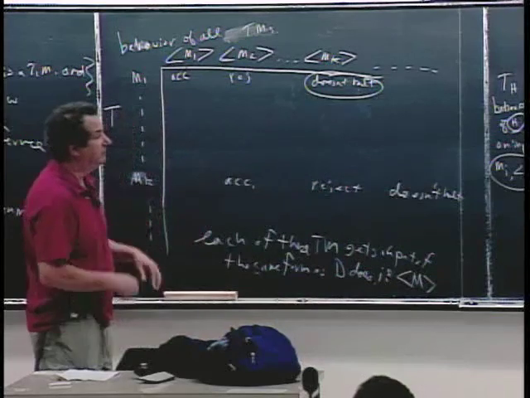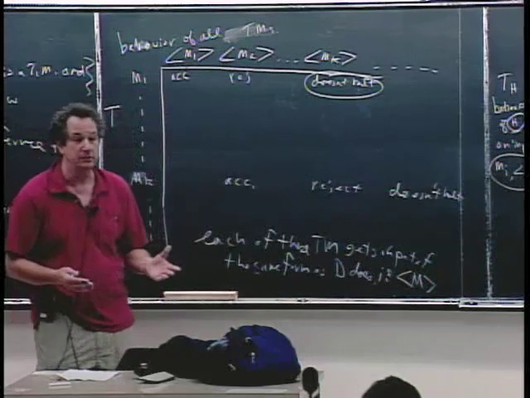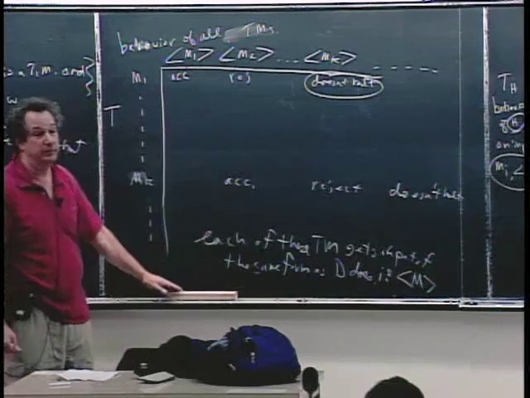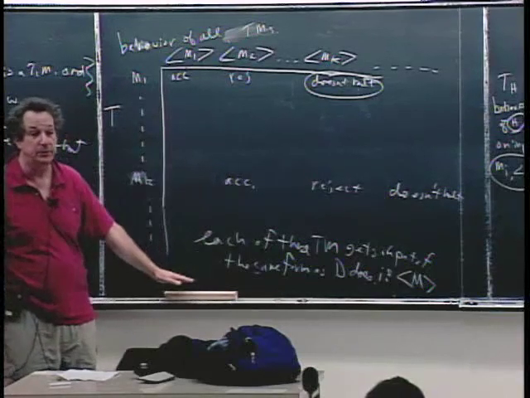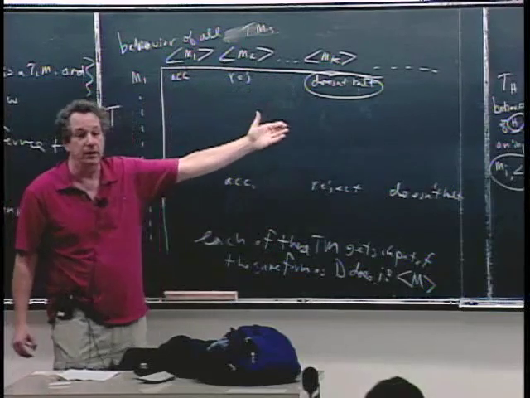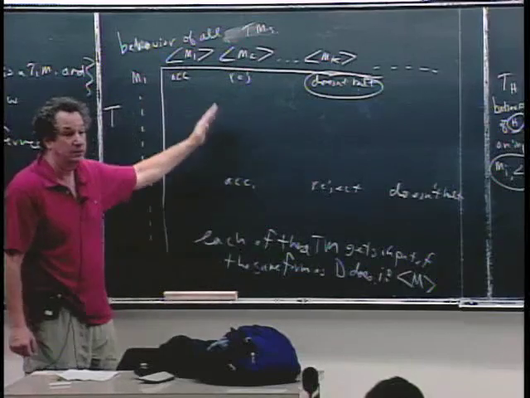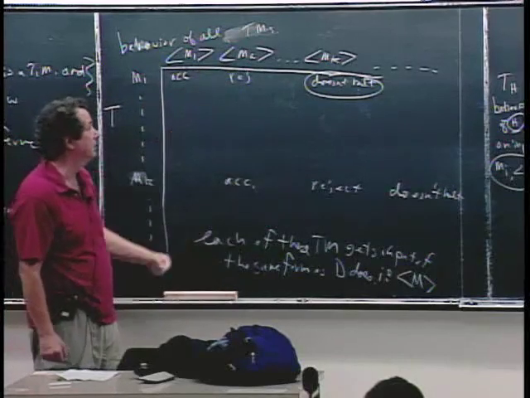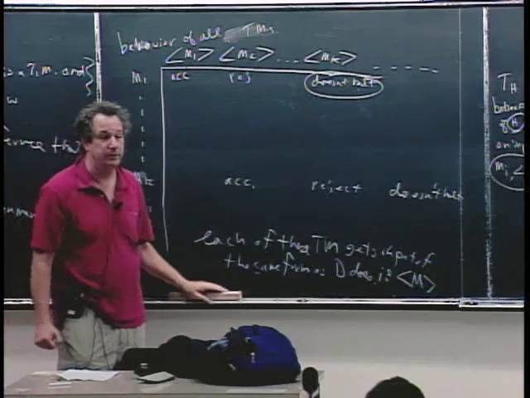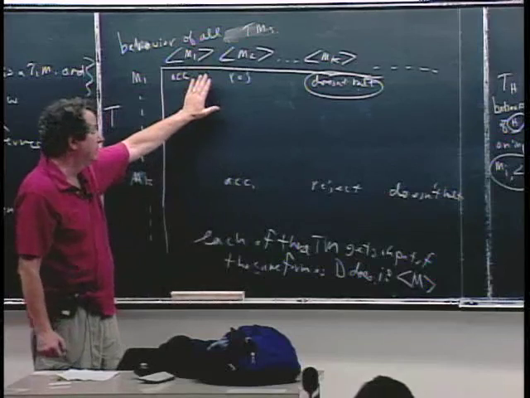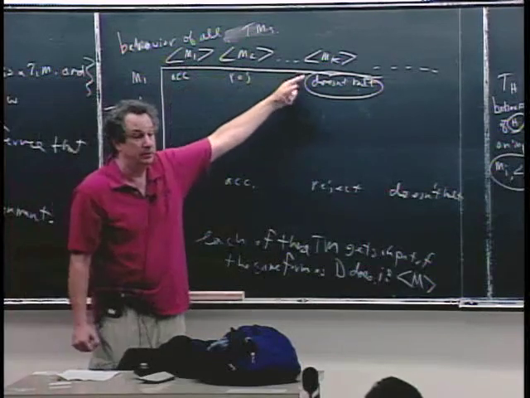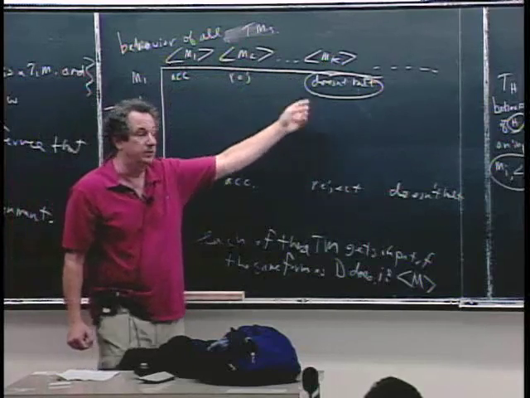All right, well, if D is a Turing machine, and this table describes all possible Turing machines, the behavior of all possible Turing machines on inputs of this type, where is D? D must be in here somewhere, because D is a Turing machine. On the assumption that A_TM is decidable, we ended up figuring out that D is a Turing machine. This is a table that describes all Turing machines and what they would do on the same kind of input that D gets. So where is D?